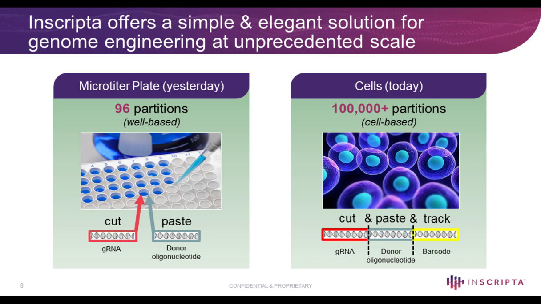With our technology, the way to think about it is that we've taken those 96 different wells and condensed all of that biochemical information down into the single cell, so that every single cell becomes its own little reaction space. We're still delivering a single guide RNA with the donor repair, but additionally with this barcode that allows us to track the individual cell populations, which makes it very similar to this 96-well partitioned format.